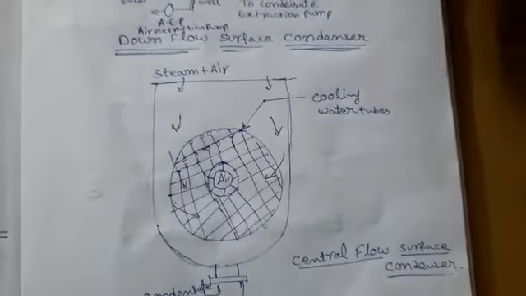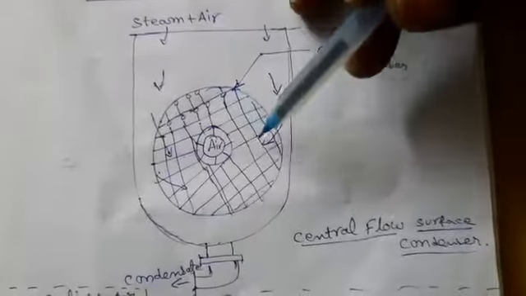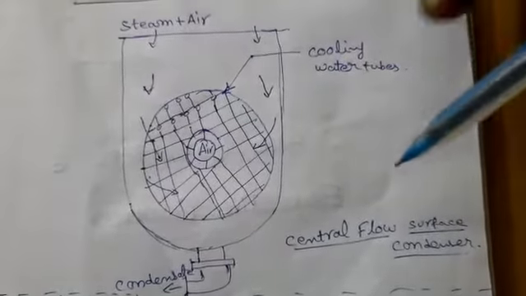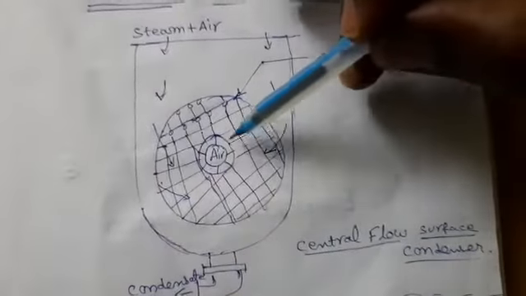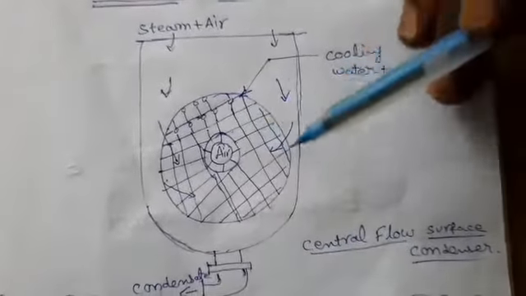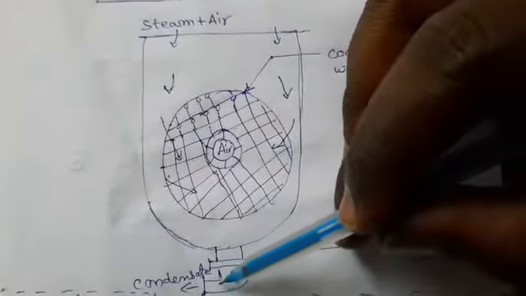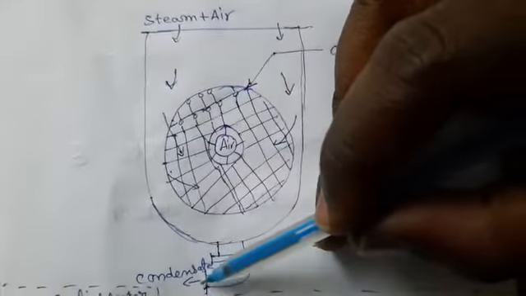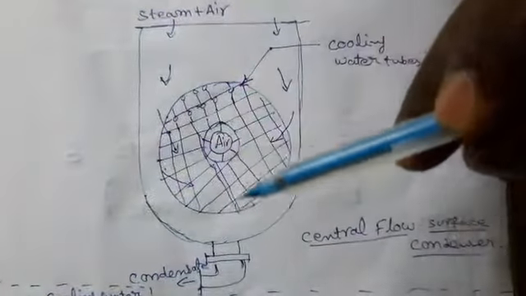Better contact between the outer surface of the tubes and the steam is ensured due to the large passage, and the pressure drop of the steam is reduced. After condensation, the flow is also downward, and the condensate is sent back to the boiler for the generation of steam.